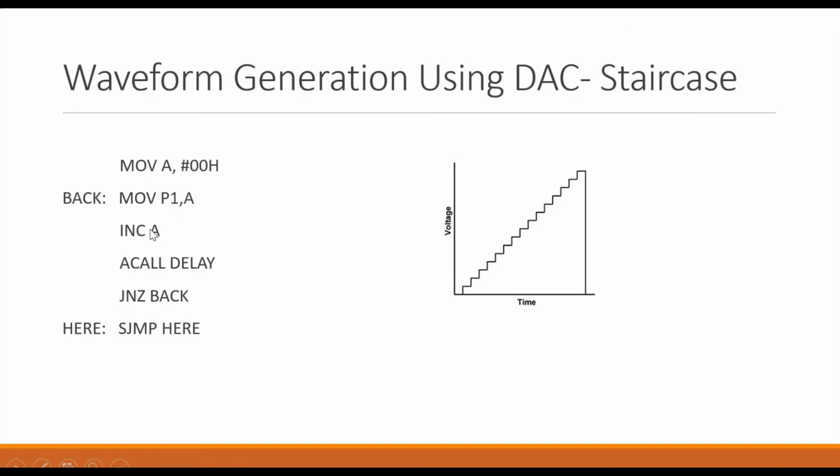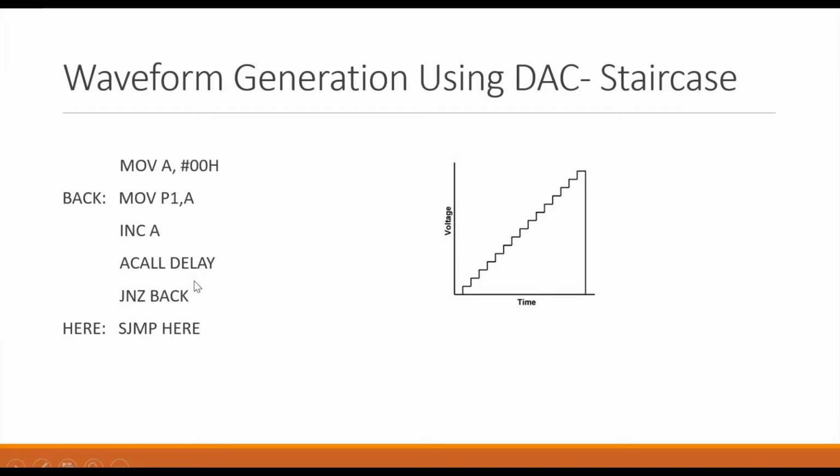Then increment it by, let's suppose, 1. Call a delay. Why is delay important? If I have not given a delay here, I would not be able to see the sharpness in the waveform. I would not be able to see the stairs; I would see a simple straight line without the delay. That's why this delay is required.